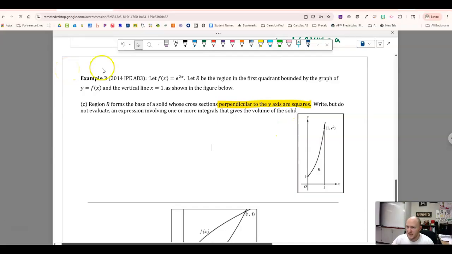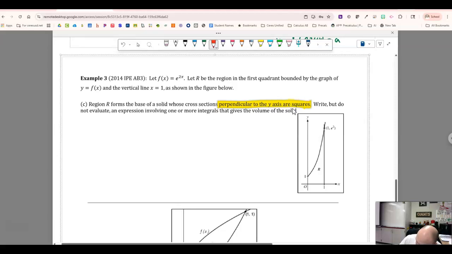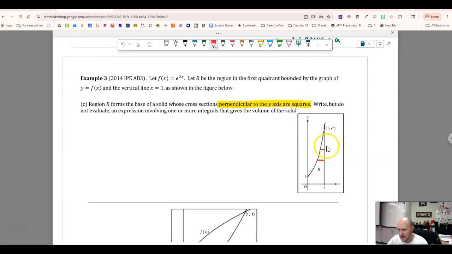Okay, since they say perpendicular to the y-axis, it's very important for your representative rectangle that we are drawing our representative rectangle this direction. And so you can kind of see that this rectangle here, if I'm going to integrate area with respect to y, this is going to be this value, which is 1 minus this function right here, which is f.